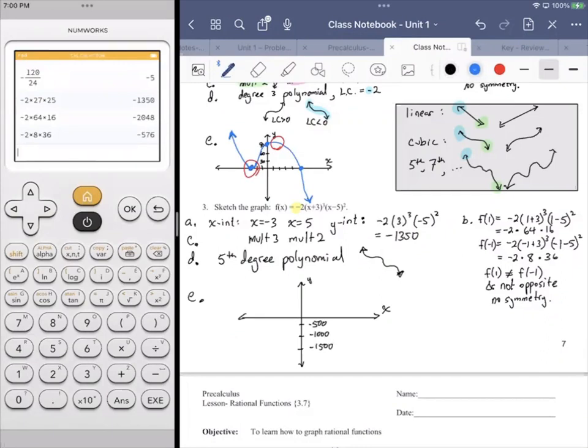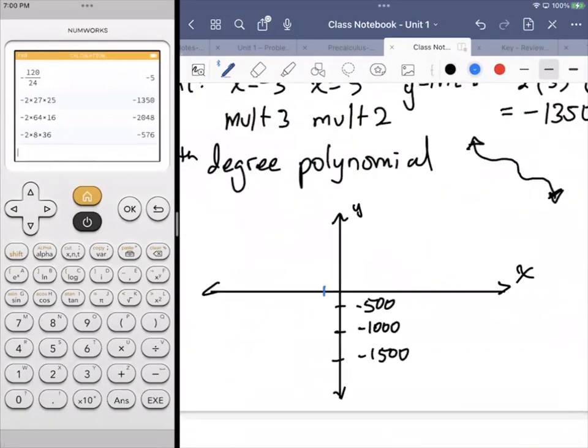On the x-axis, I'm going to do the same thing I did before. I'm just going to count out 3 boxes to the left, 5 to the right, or tick marks, I should say. So 1, 2, 3, got a point here. 1, 2, 3, 4, 5, got a point here. And 1350, well, I know halfway between will be 1250, so it's going to be shaded more towards the negative 1500.